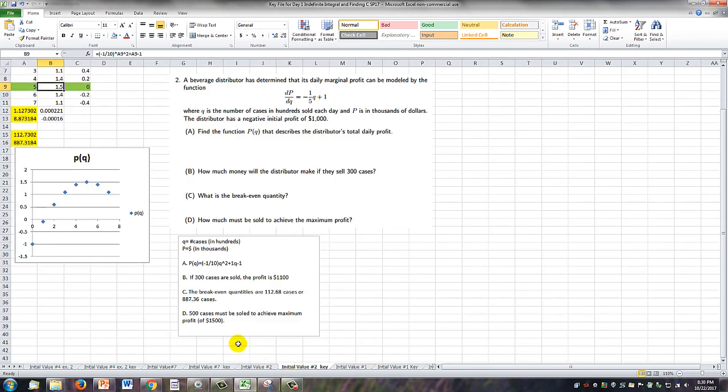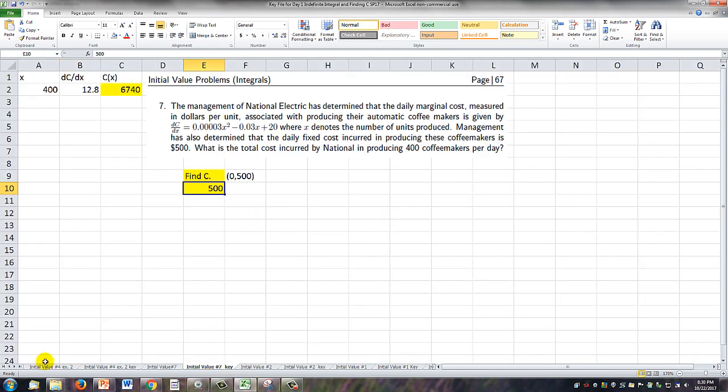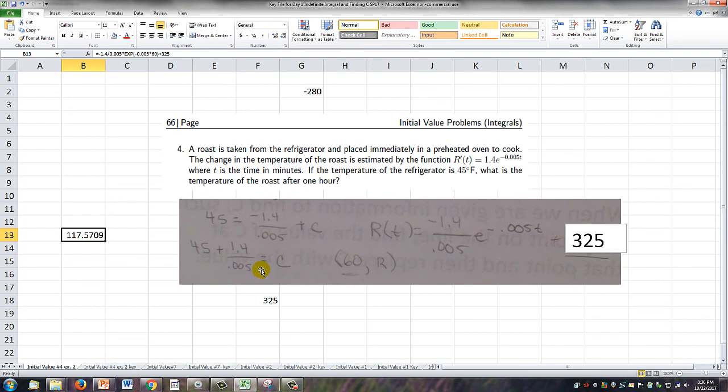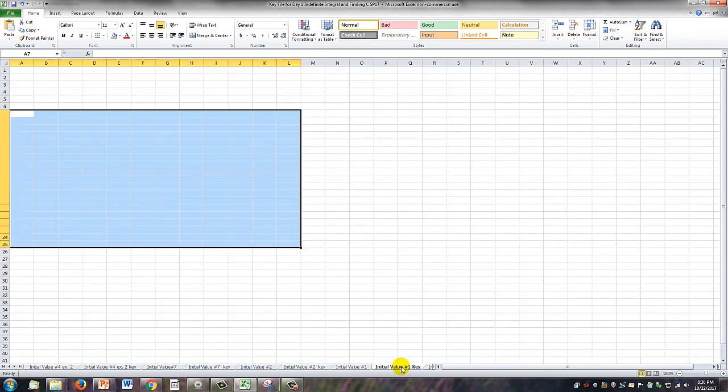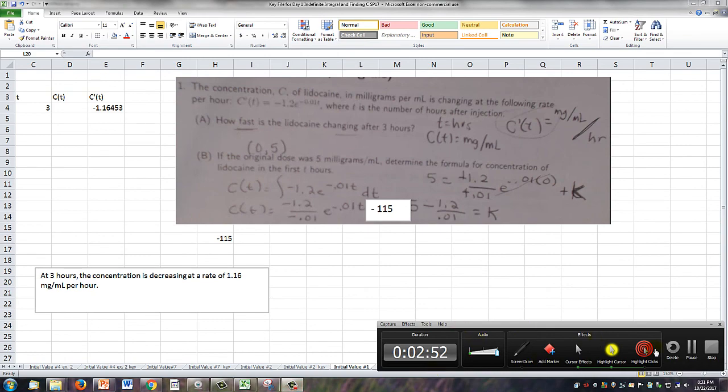But on these polynomials, your initial value is going to be what C is. So I started with one that was non-trivial. C wasn't 45, C was 325, and I ended with one that was not trivial. C, you started with 5, but you ended with negative 115. So please make sure you're aware of that when you're finding these values of C.